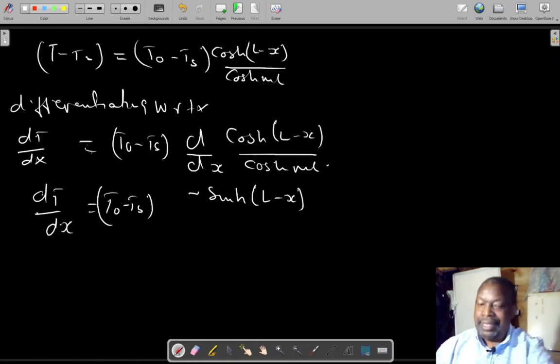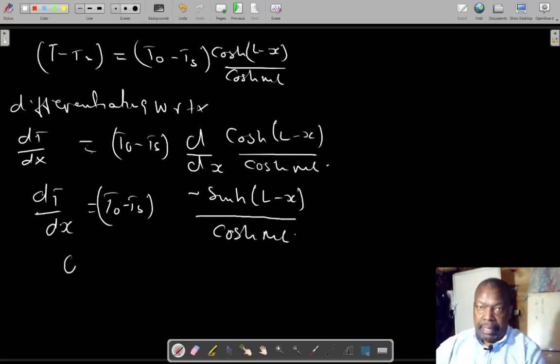No, it is sine hyperbolic (L minus x), but because of this negative x there, we'll get a negative, divided by cos hyperbolic mL.